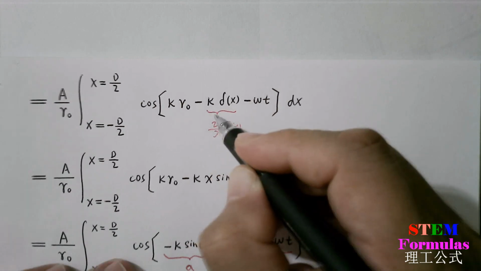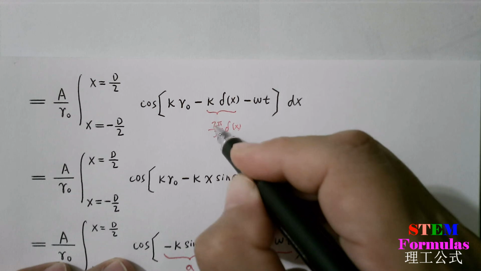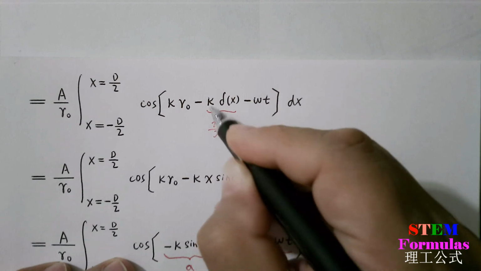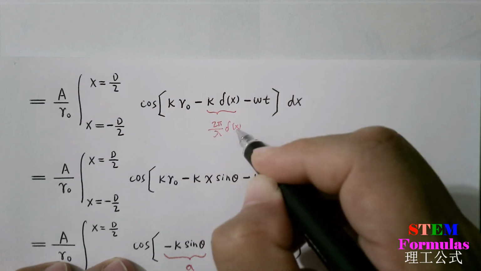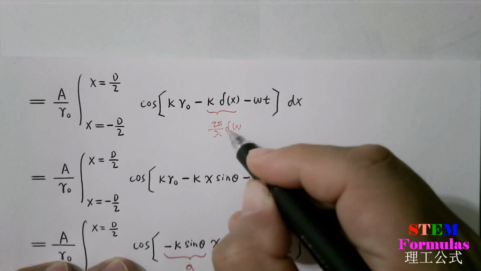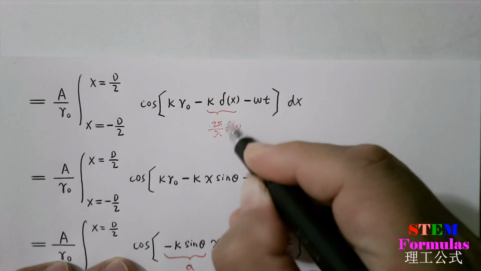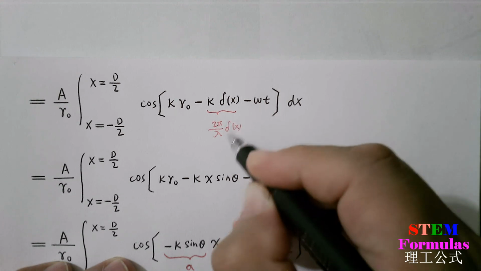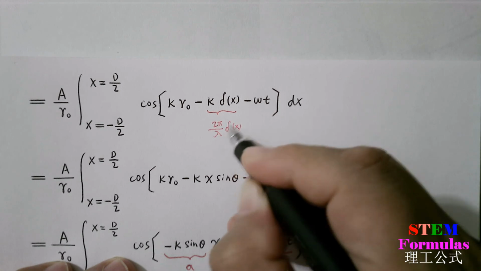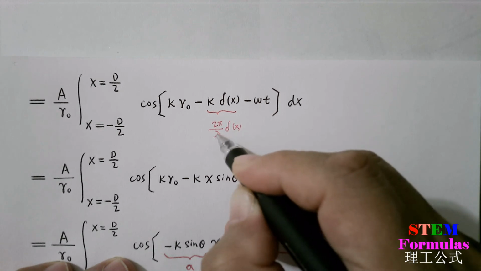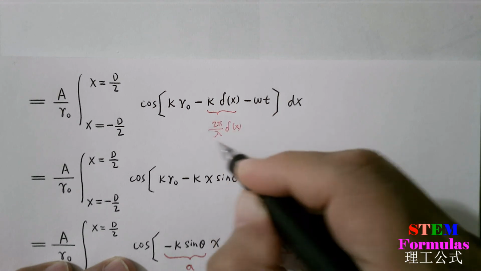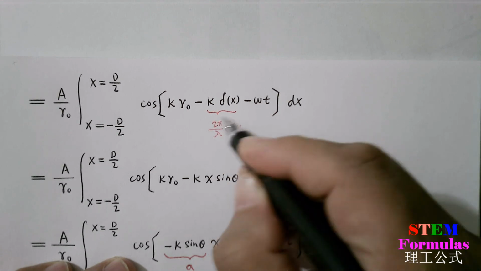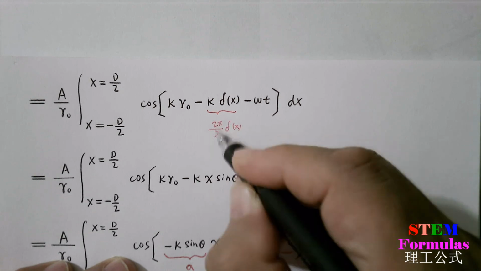The reason is this: k equals 2 pi divided by lambda. K is the wave number, 2 pi divided by lambda, and it multiplies this delta. If my delta changes on the order of lambda or half lambda, the phase changes by about half pi or 2 pi.